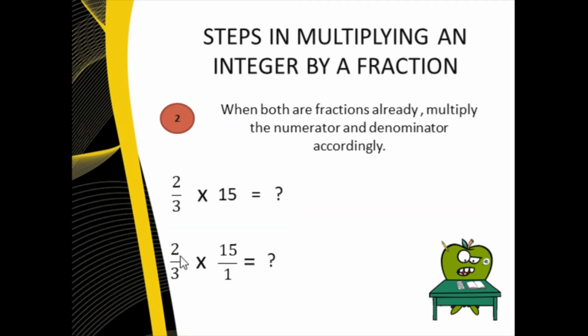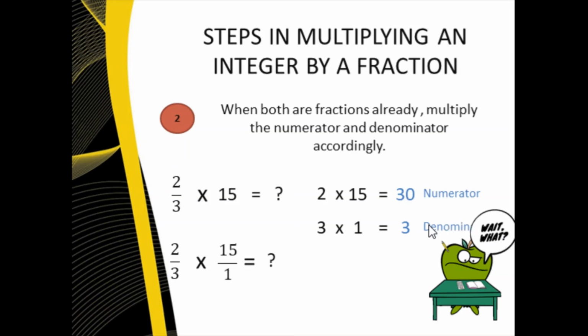Numerators are 2 and 15. Multiply them. 2 times 15 equals 30. That's the numerator. 3 times 1 is 3. That is our denominator.